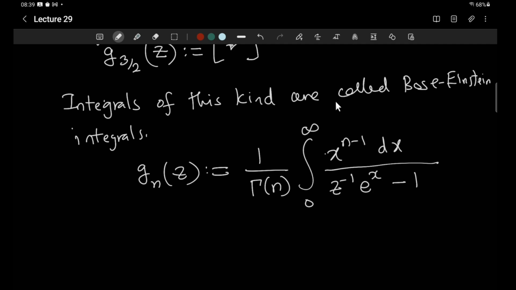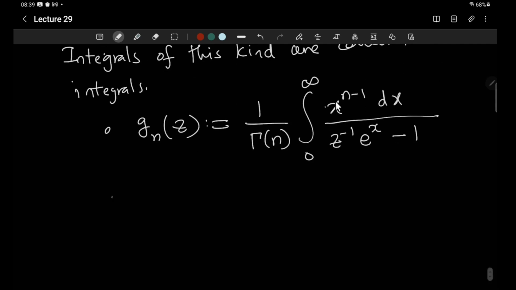And there are additional properties. There are many properties. So z d by dz of g_n of z is equal to g_(n minus 1) of z.